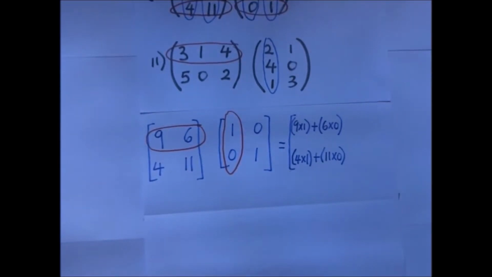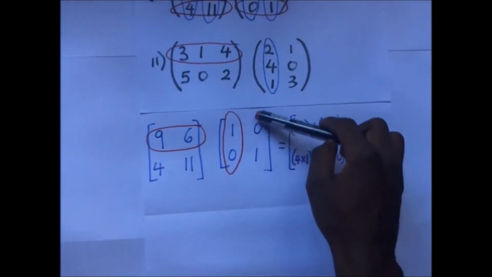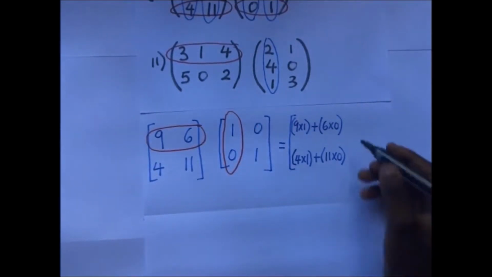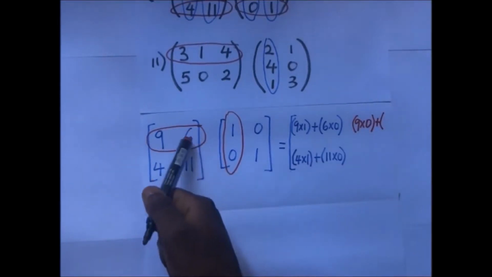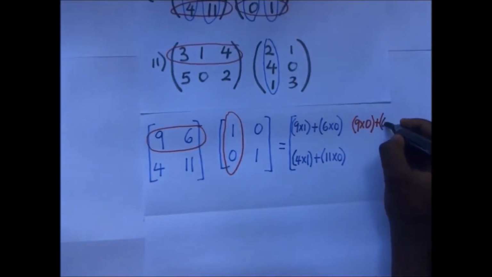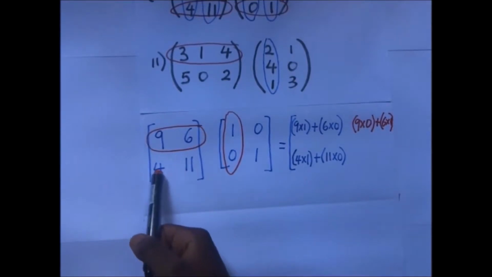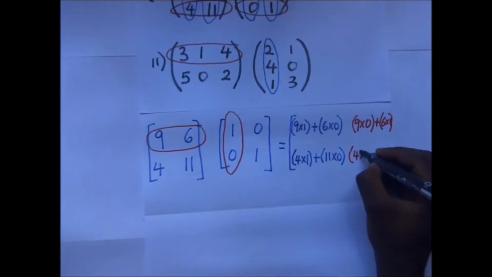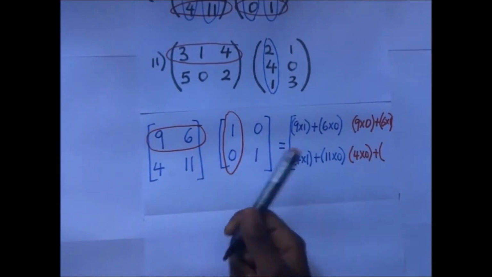Again, we multiply the upper row by that column, so it is 9 times 0 plus 6 times 1. Then down here, we have 4 times 0 plus 11 times 1.